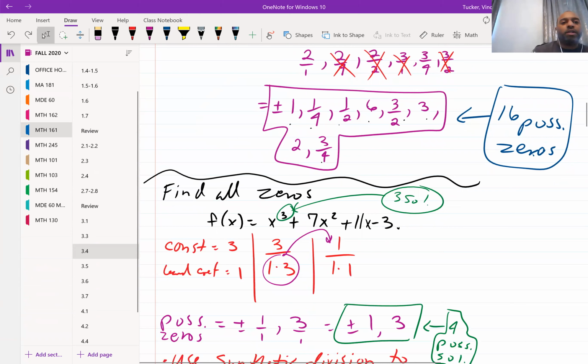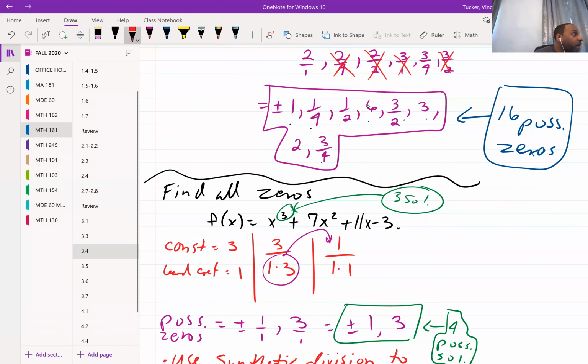So the next one, we have x cubed plus 7x squared plus 11x minus 3. Notice our highest degree of x is 3, so we should be looking to have 3 solutions. Our constant, just like before, is the number that is not attached to any variable at all. That's going to be our 3. And then our leading coefficient here, which is good for us, that's just 1.